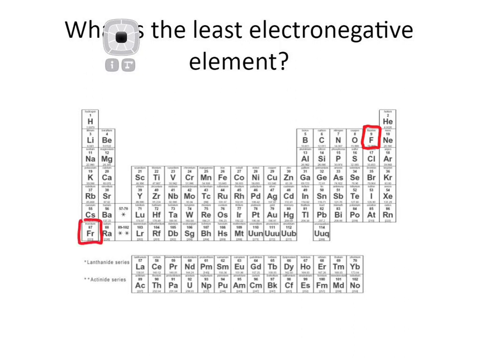So since as you go left, you get weaker nucleus, and as you go down, you get a larger radius, that means that this is the smallest electronegativity.